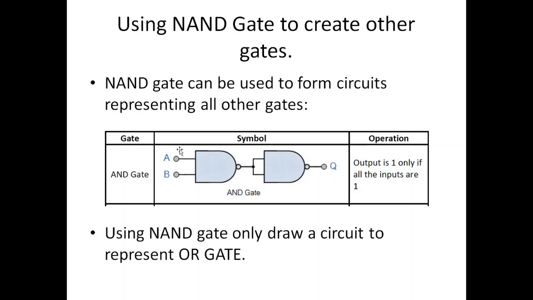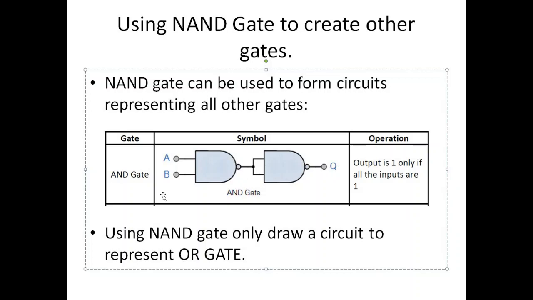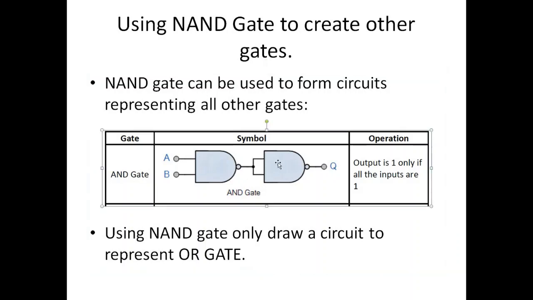NAND gates can be used to form circuit representing all other gates. Using NAND gate only, draw a circuit to represent AND gate. This is the circuit for AND gate. If you add 2 NAND gates in this sequence, it would become an AND gate.